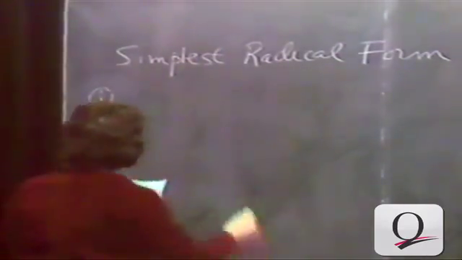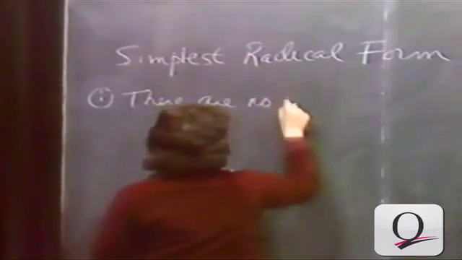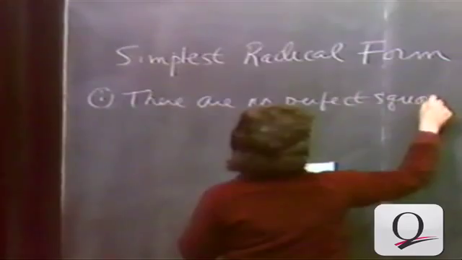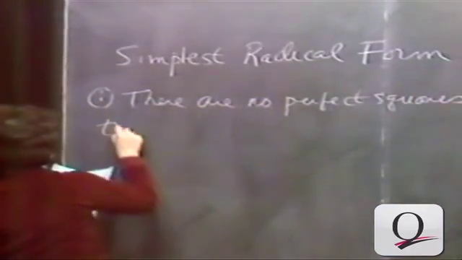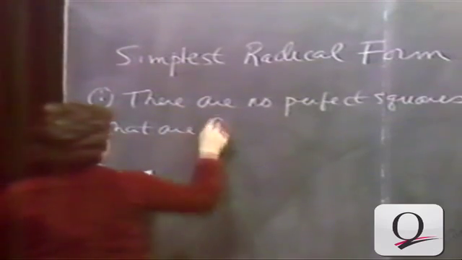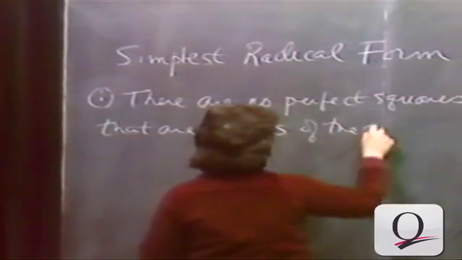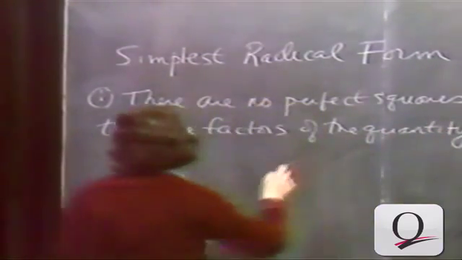First of all, there are no perfect squares that are factors of the quantity under the square root sign.